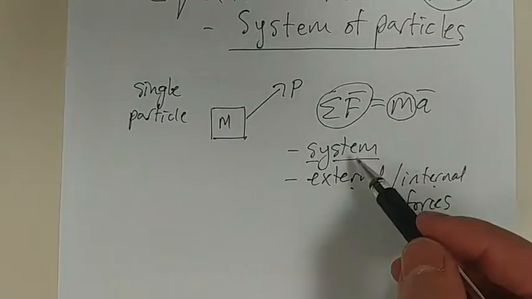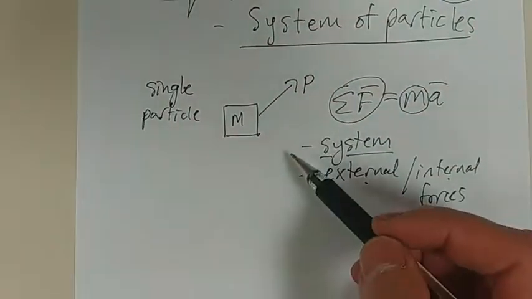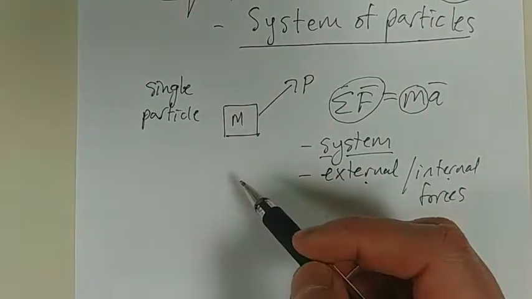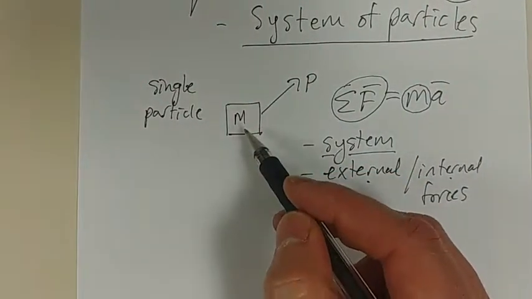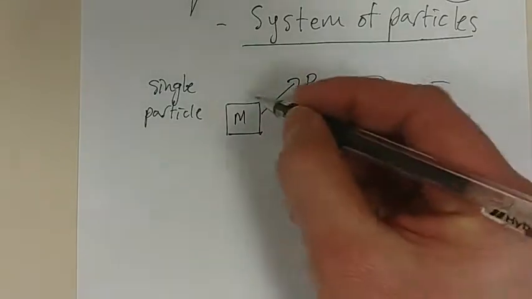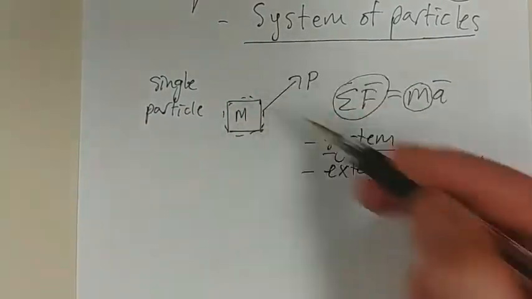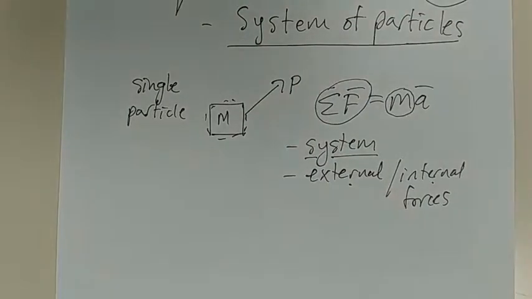So a system is just what makes up all the particles. So in this case, we've got one particle, right? And this now is our system. That's our system. Okay?